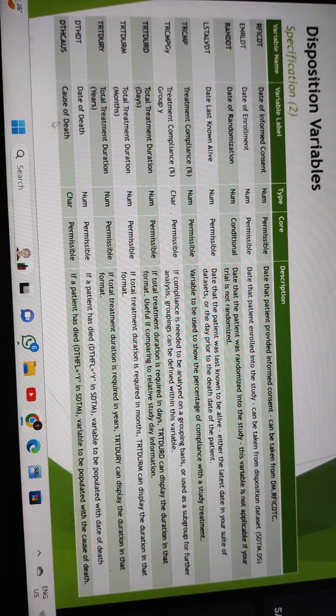And then the death date and the death cause: if the subject died, that date will be reported here, and then the reason why the subject died, the cause of death, would be reported here.